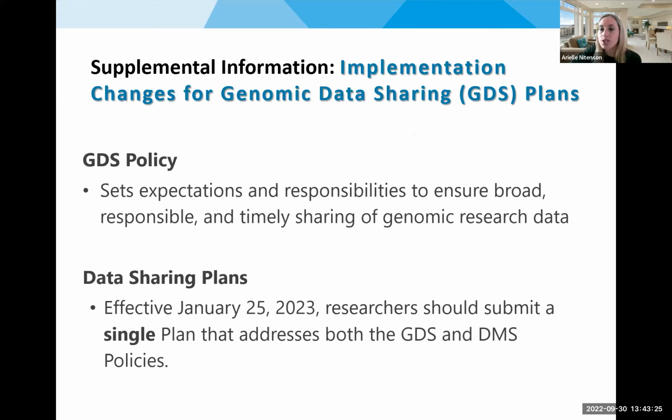In an effort to reduce the burden of duplicative reporting expectations, so a genomic data sharing plan where applicable and a data management and sharing plan starting on January 25th, 2023, NIH is requiring researchers to establish a single plan submission for research subject to both of those policies. This supplemental document walks researchers through how to best harmonize these two plans if you're required to submit both.